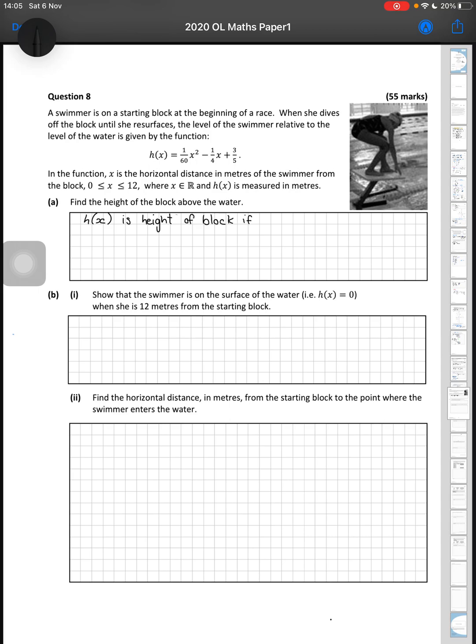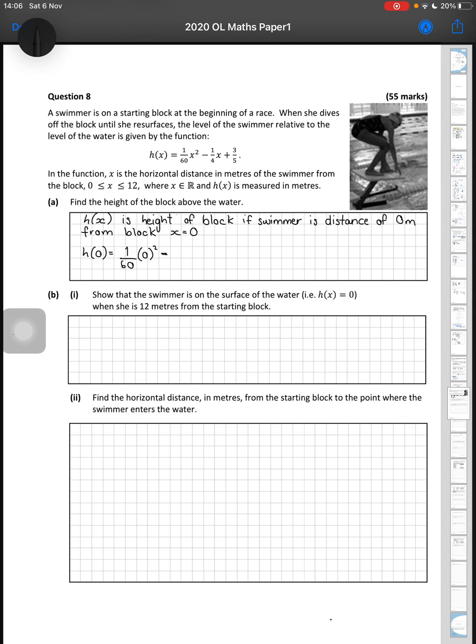So I'm just going to write this in for you guys: height of block if swimmer is on block, so if swimmer is a distance of 0 meters from the block, because h of x is the swimmer's height above the water.